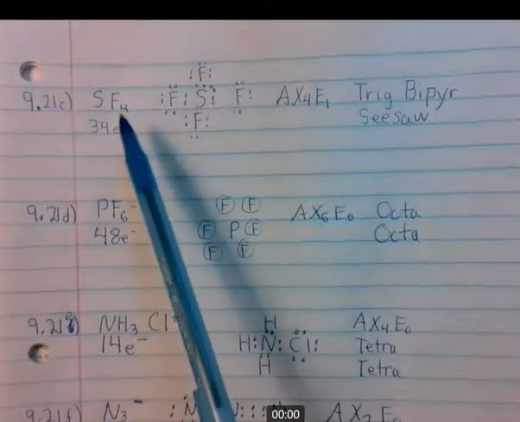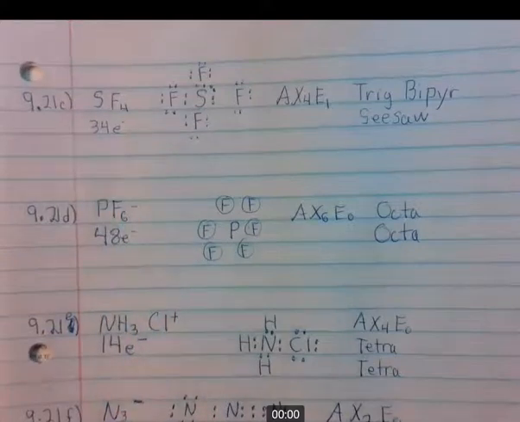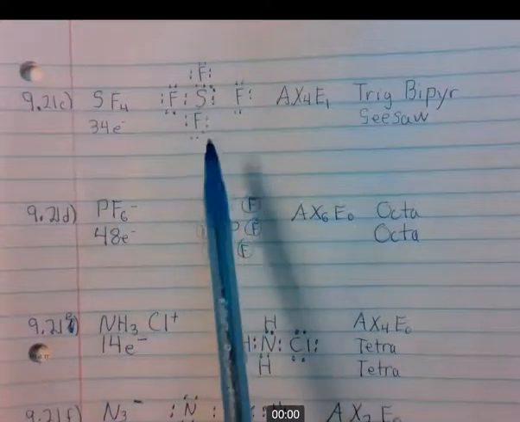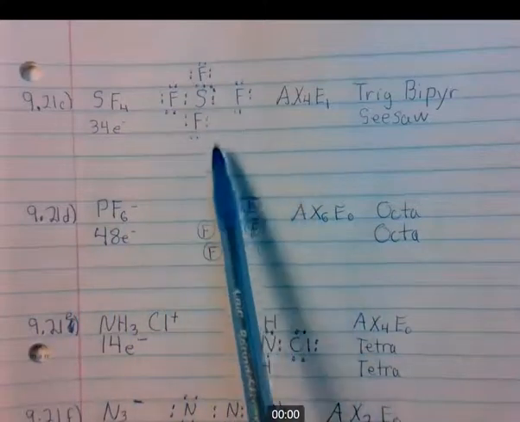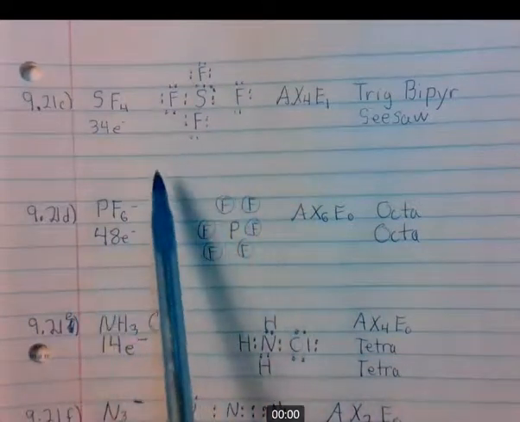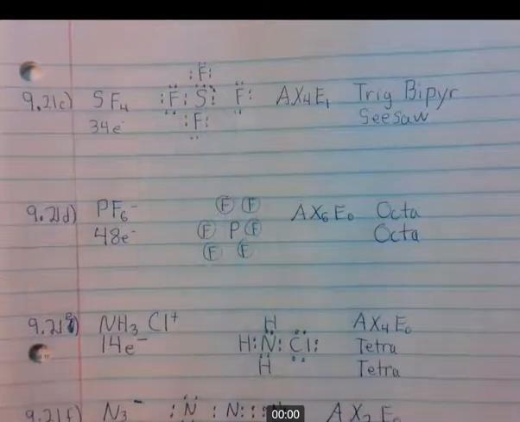So the next one we have is SF4. You count the electrons, you have 34 electrons. Logically, you would put the S in the middle. You have the fluorines around it. Everybody gets an octet. That leaves you with 2 extra electrons, and that's going to be a lone pair on the central atom. That's what you do when you have the extra ones, and they're in the 3rd row or below.